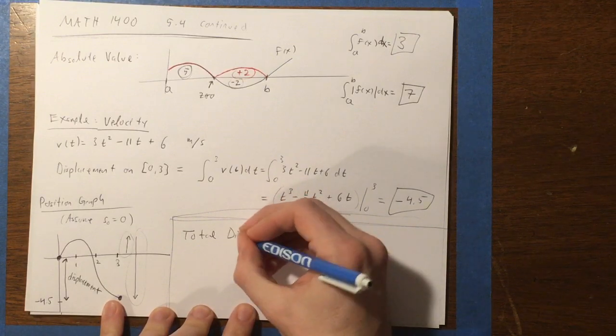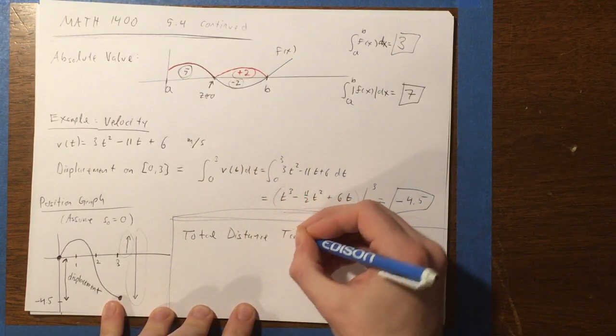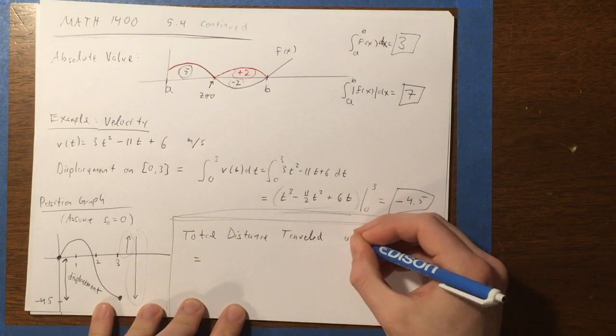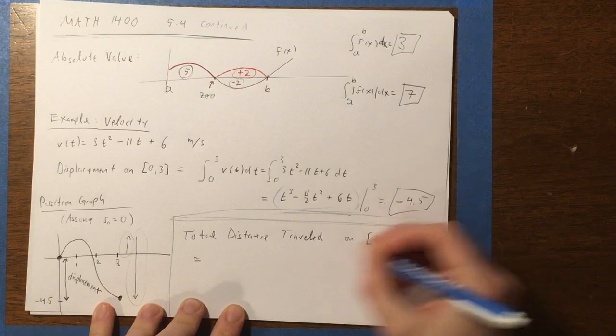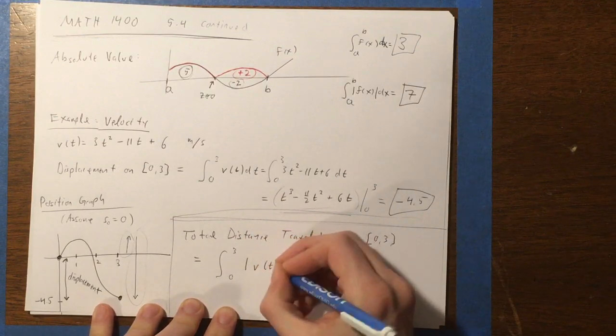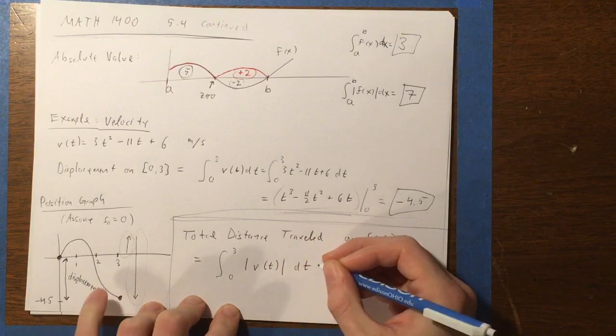So total distance traveled is actually equal to, let's say on the interval 0 to 3, the integral from 0 to 3 of the absolute value of the velocity function, v of t, dt.